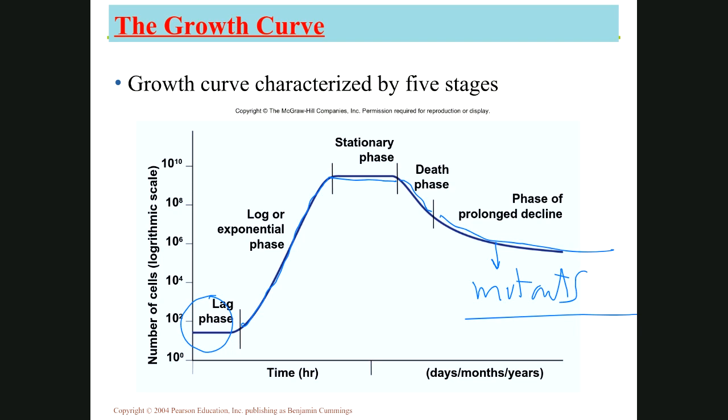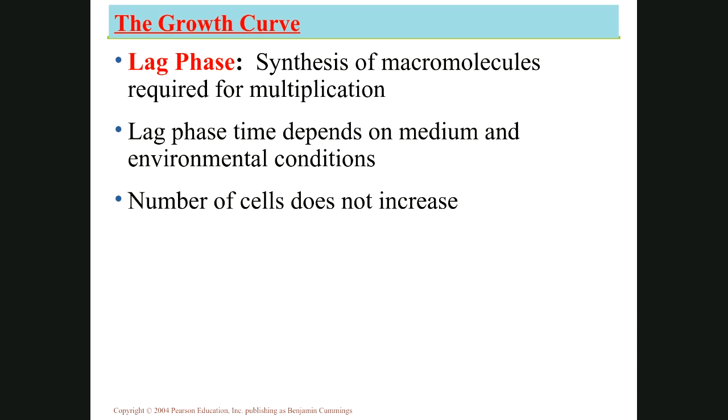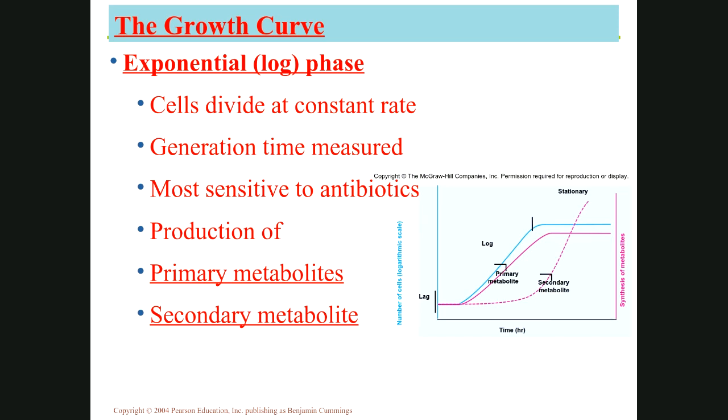You should know the lag phase is the initial phase where there is no change in numbers, so population remains steady. And as the population begins to multiply, it's going to begin to double in numbers and grow very, very quickly.